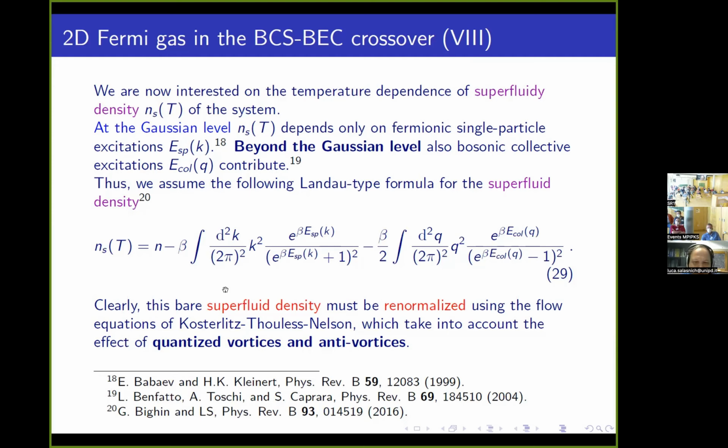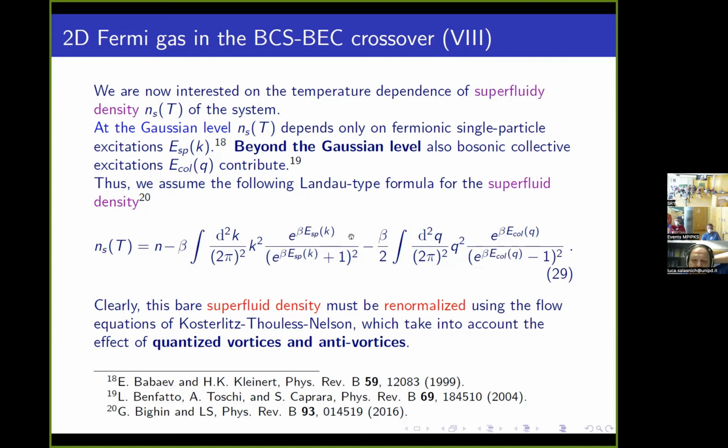And this can be seen in this paper of Lara Benfatto and co-workers. And taking into account the beyond the Gaussian level contribution of bosonic collective excitations, we write somehow heuristically the superfluid density as the total density minus the contribution of the normal density.